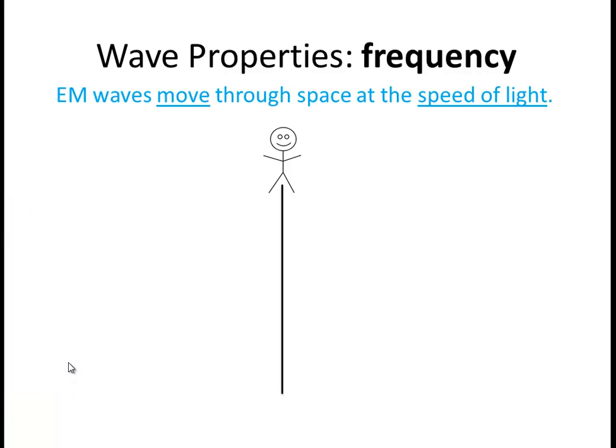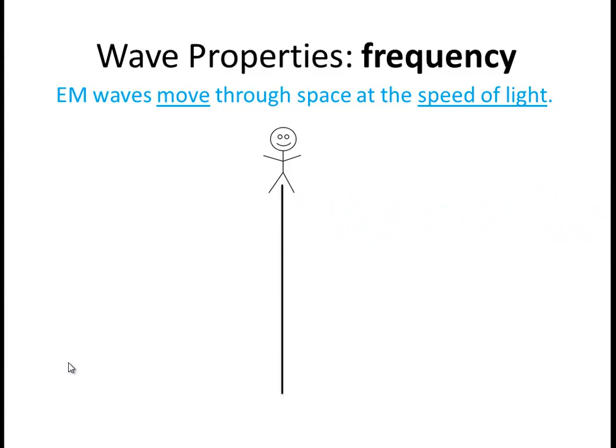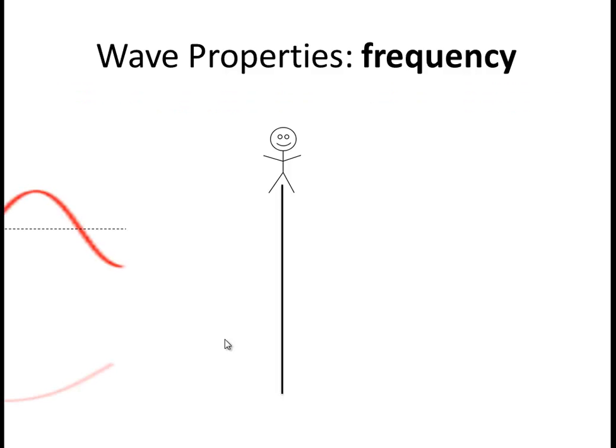Let's try that one more time. You can see that the peaks went by you pretty rapidly, though obviously not at the speed of light. If you were tapping on a drum, every time a peak went by, it'd be like boom, boom, boom, boom, boom. Pretty fast. Now let's take a wave where the wavelength is a little bit longer and see what it would look like.